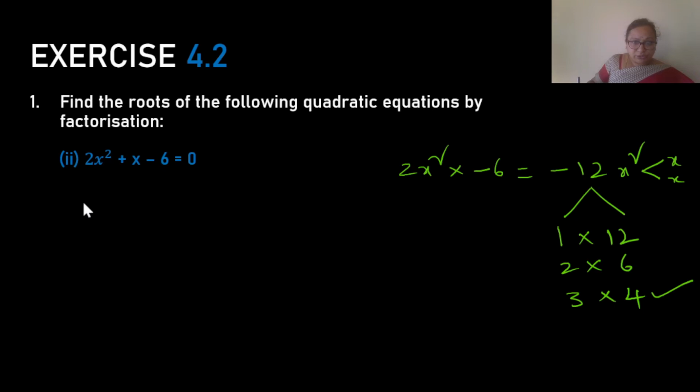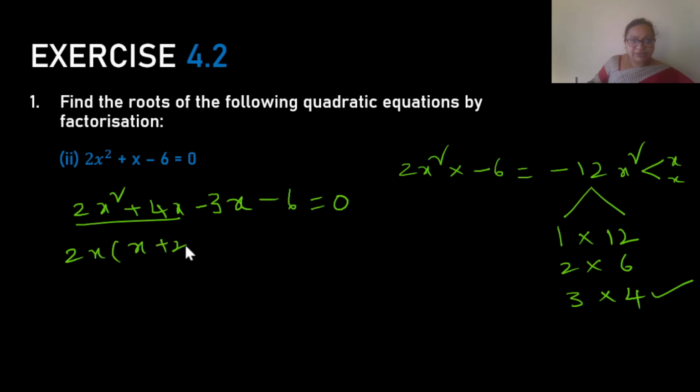So here 2x square and in 3 and 4 the bigger number will have middle term sign. Middle term is having plus sign. So plus 4x minus 3x minus 6 is equal to 0. 2x is common, x plus 2. Here minus 3 is common, x plus 2 is 0.